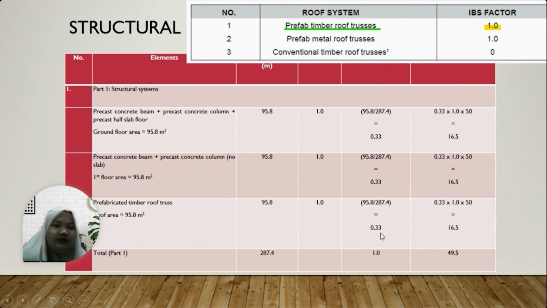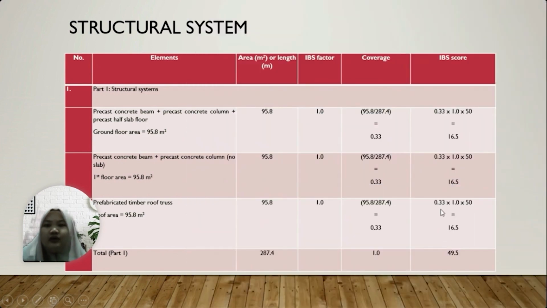So 0.33 is the coverage, 1 is the factor, 50 is the weightage, so we also get 16.5. We sum up all the scores, so the total is 49.5.